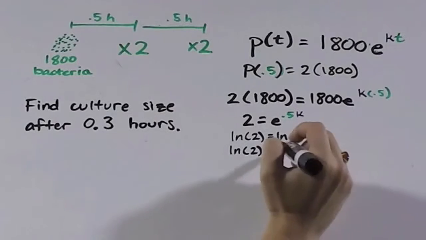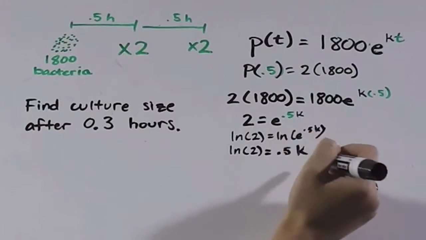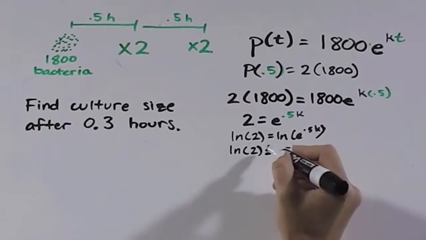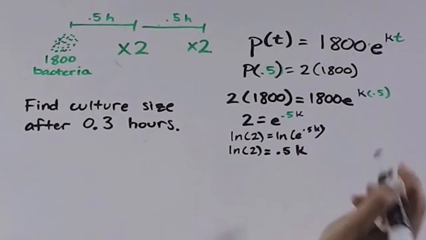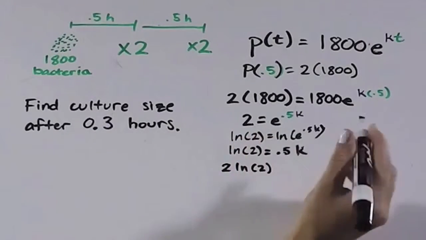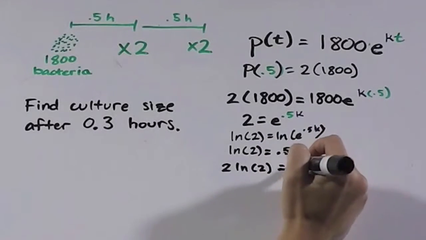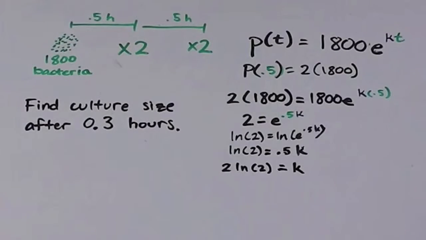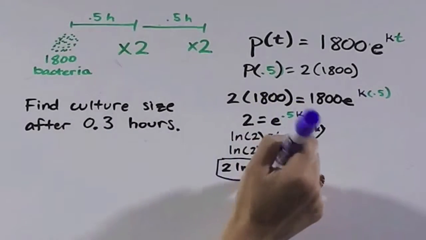Since 0.5 is the inverse of 2, that also means we could just multiply both sides by 2, because if we multiply 2 times a half, that's going to get us a 1 in front of this k, which isolates k. So let's say 2 times natural log of 2 equals 2 times a half times k, that's just k. So we've found that k is 2 times the natural log of 2.